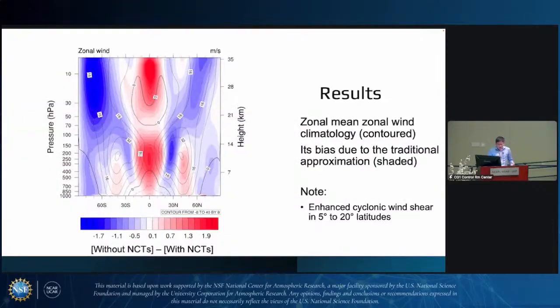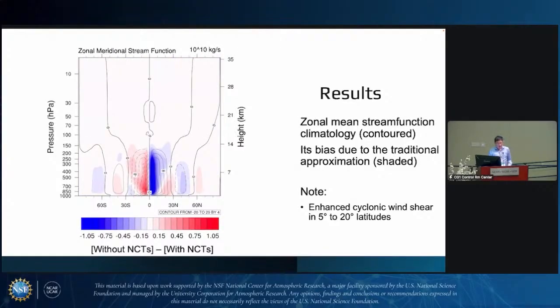The origin of that, as I just mentioned, is related to the extension of that westerly wind bias due to neglecting the non-traditional Coriolis term into the boundary layer, which changes the Ekman pumping. This figure is showing the difference in zonal wind, and this is showing the stream function difference, where transitioning from red to blue means there is a subsidence at the equator due to neglecting the non-traditional Coriolis terms.